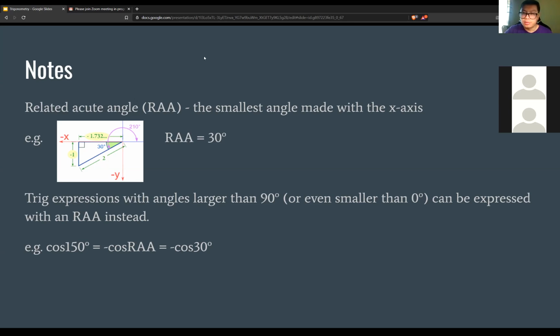But we don't focus on negative angles too much. Let's focus on angles that are larger than 90 degrees. They can be expressed using this related acute angle instead. So for example, cosine of 150 degrees. I want to simplify that using the RAA.